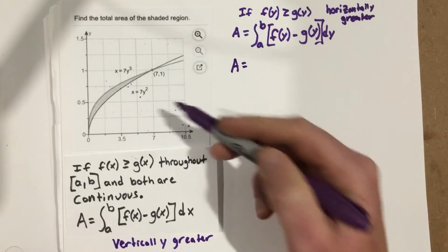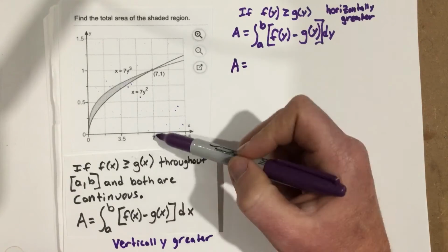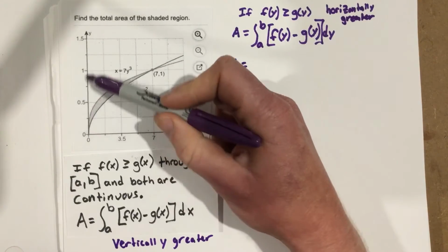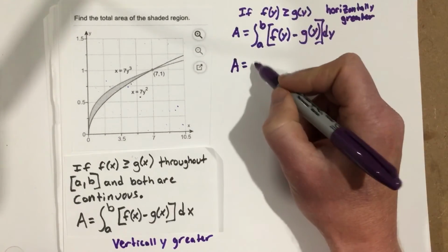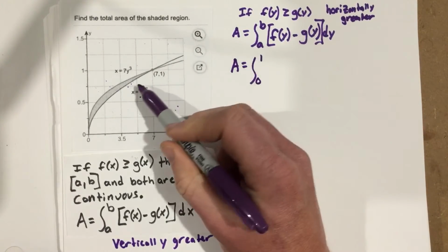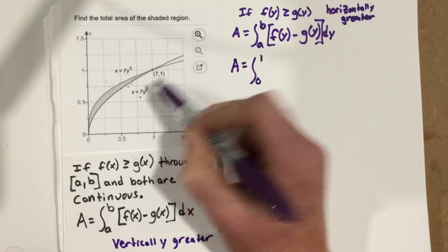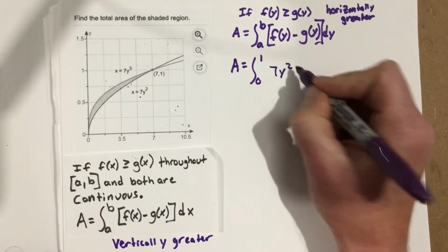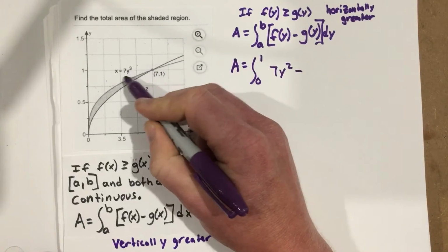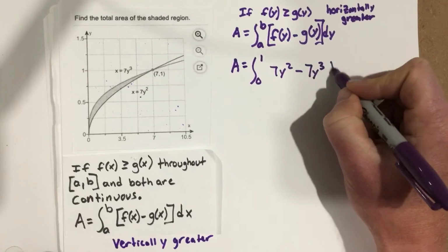Well, in this case, we know we are going to integrate. Instead of doing the x values as our integration, we're going to do the y values, so 0 to 1. Our f of y function, our farthest right function, the right boundary, is 7y squared, minus our left boundary, which is 7y cubed, dy.